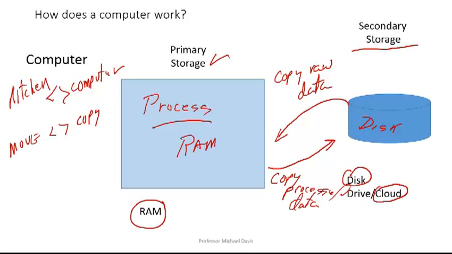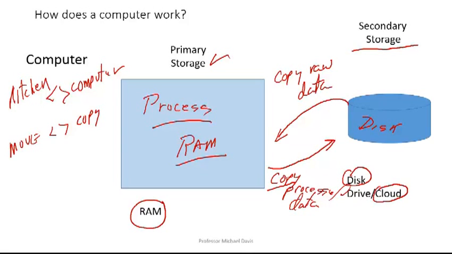You don't really remove it from the disk. And then after you have been processing that data with whatever application you're using, Word or Excel or whatever, then you would copy that processed data back to the disk. But it would still remain in RAM until such time as you actually close the program down.